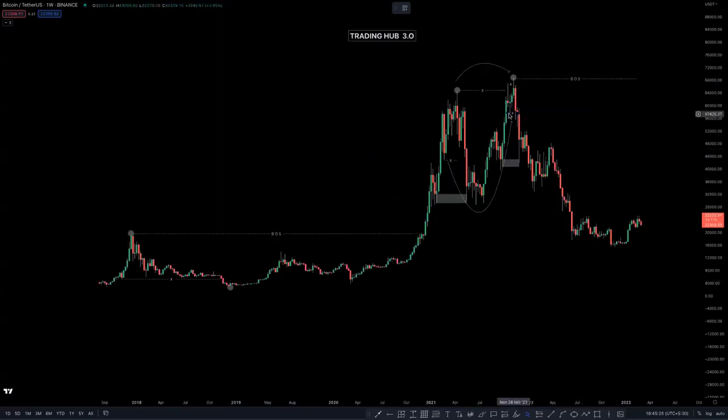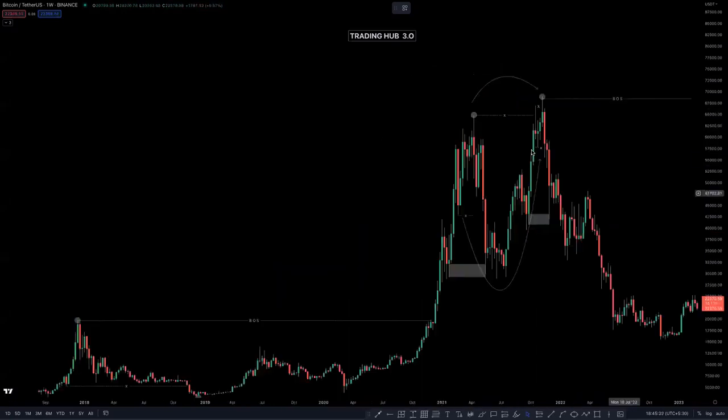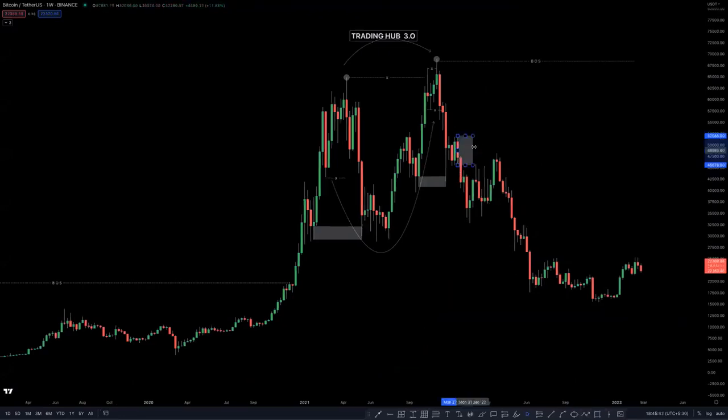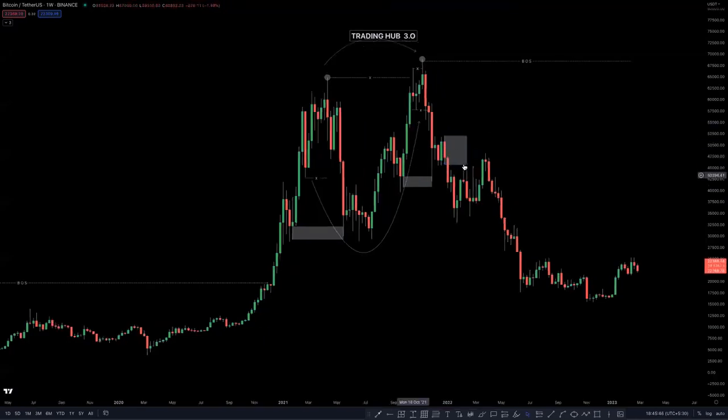So first, after taking out the inducement, the first POI is here, which is filled. So we can generally sell here after the first POI is tapped and filled. So generally what happened here: the market respected this POI here, okay, and failed. Because the market gives a reaction here, that's why we are willing to sell here.